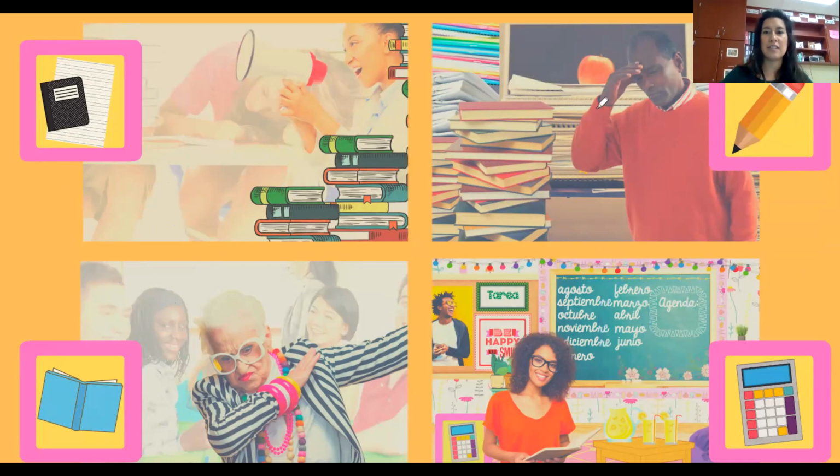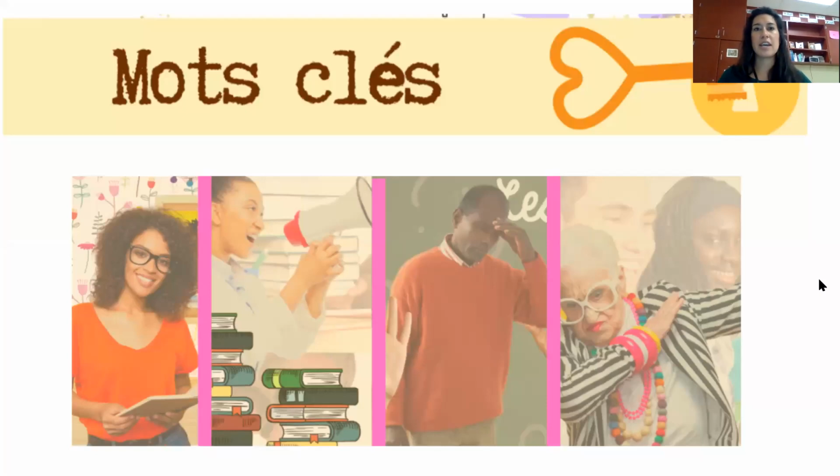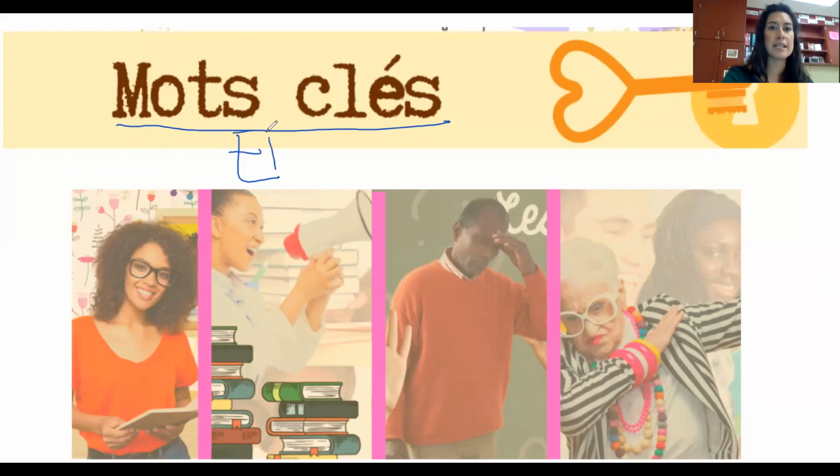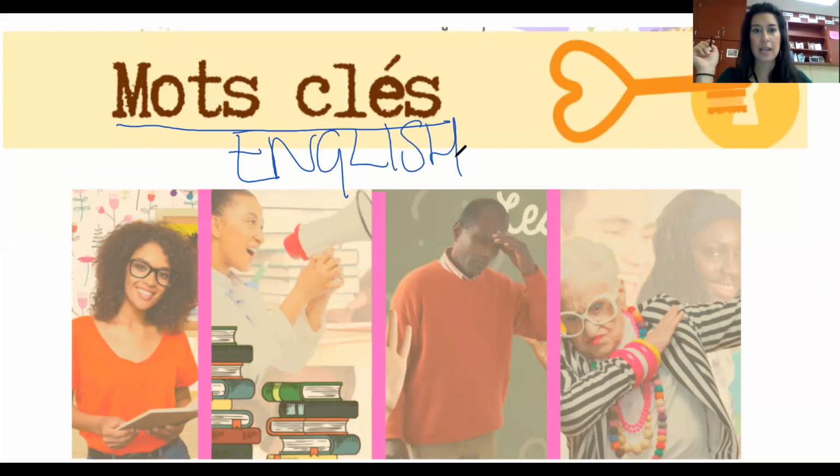Merci class. So we finished that. So I want you to make sure that you can go back, pause, rewind, whatever, do the mots-clés. You're doing this, remember, in English. So the whole presentation was in French. There was no English on there. So you are picking up the keywords from today and putting them in English.